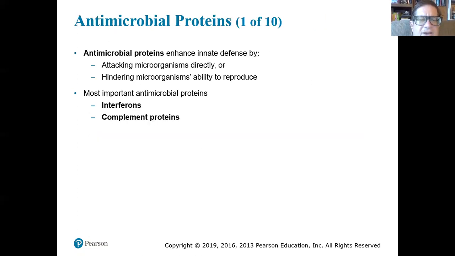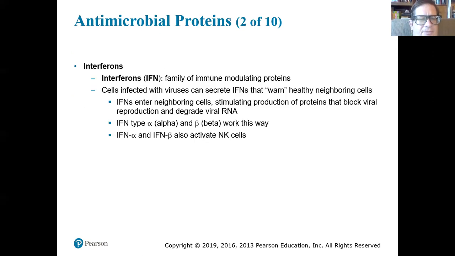So, antimicrobial proteins are going to be used. They could attack the microbe directly, like attack a bacteria directly, or they could make it hard for it to reproduce. The two we're going to talk about the most are the interferons, which interfere with it, obviously, and the complement proteins.